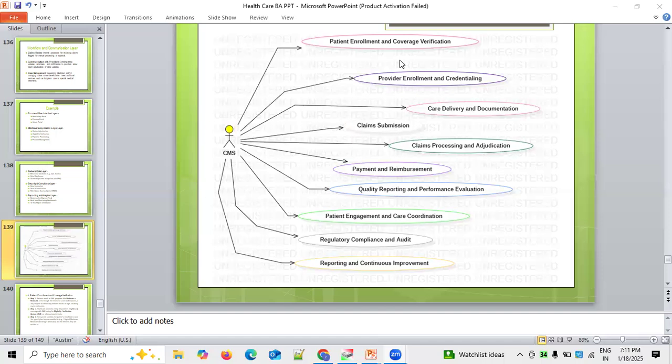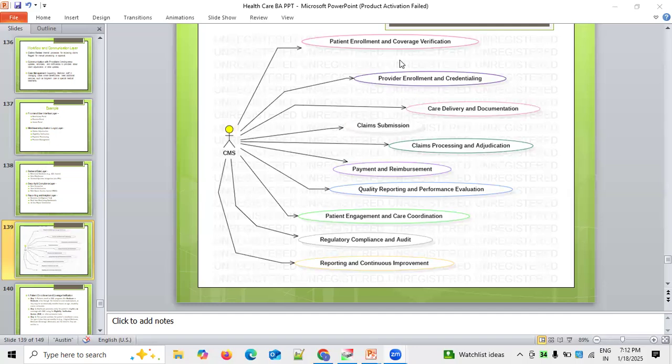Next one is regulatory compliance and audit, right? So what are the regulatory compliance and audit standards that we have to follow? Because from organization to organization, company to company, country to country, the regulatory compliance rules, policies and procedures, those standards we have to follow when we are working on the applications.